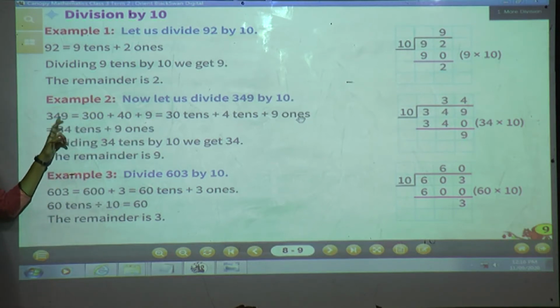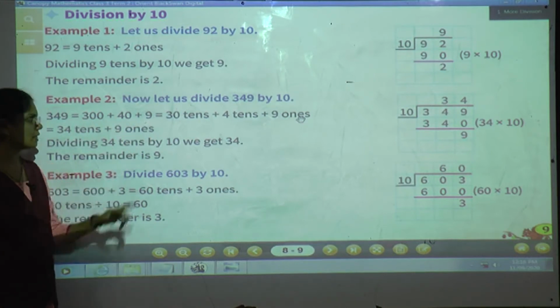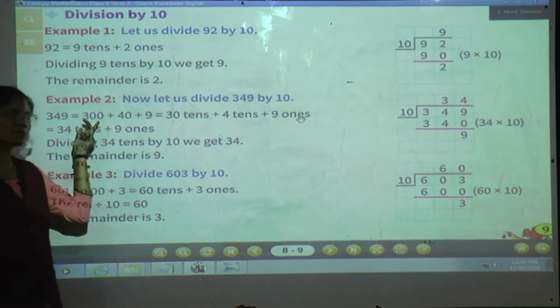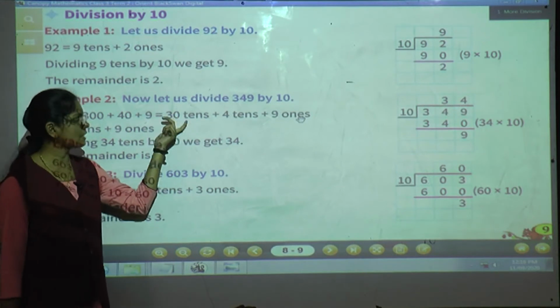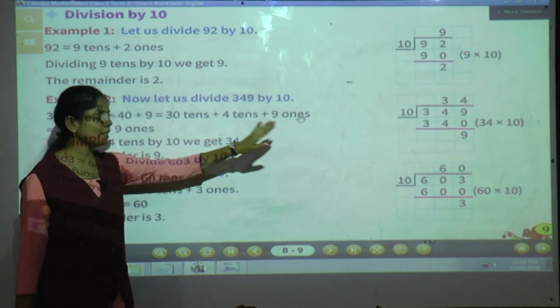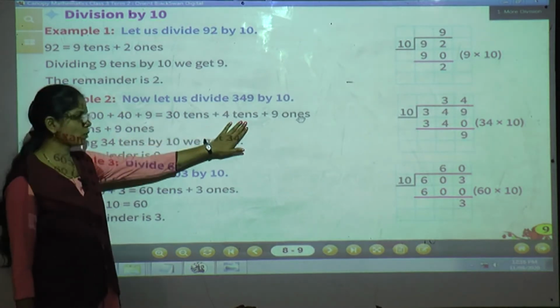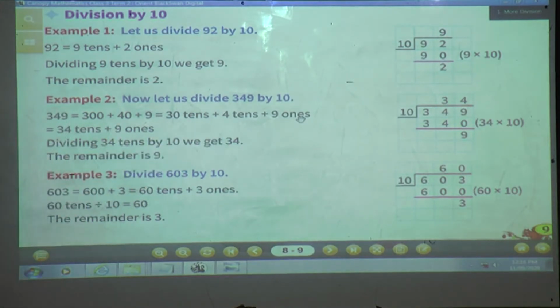Now 300 means 30 tens, plus 40 means 4 tens, plus 9 ones. Because 30 tens plus 4 tens we have to add, it is 34 tens plus 9 ones.